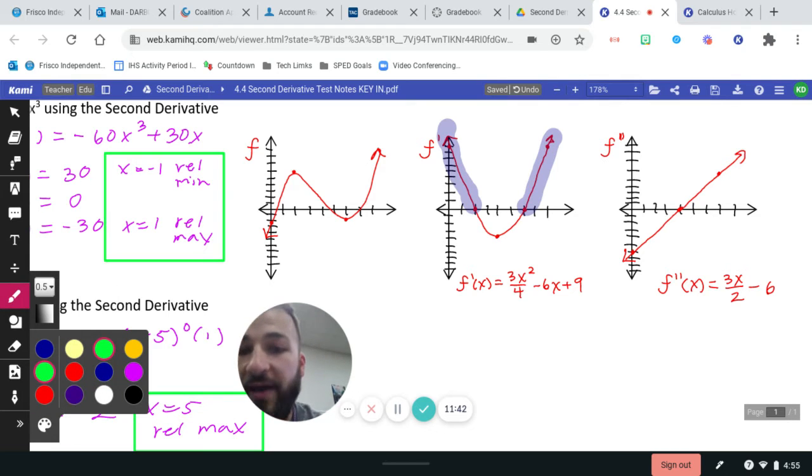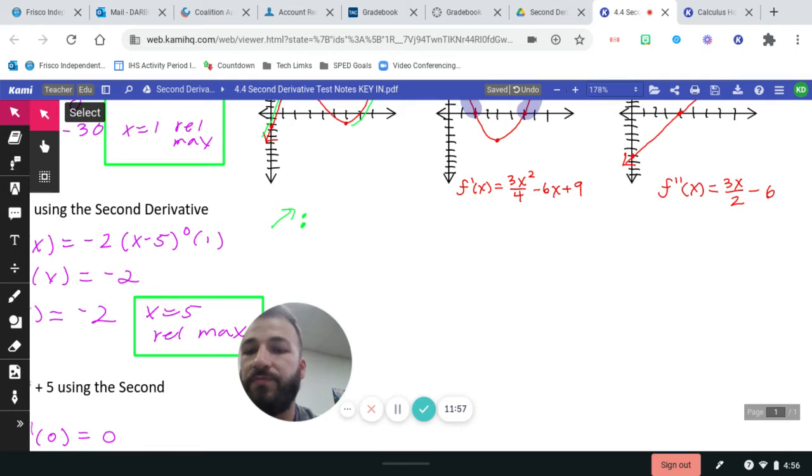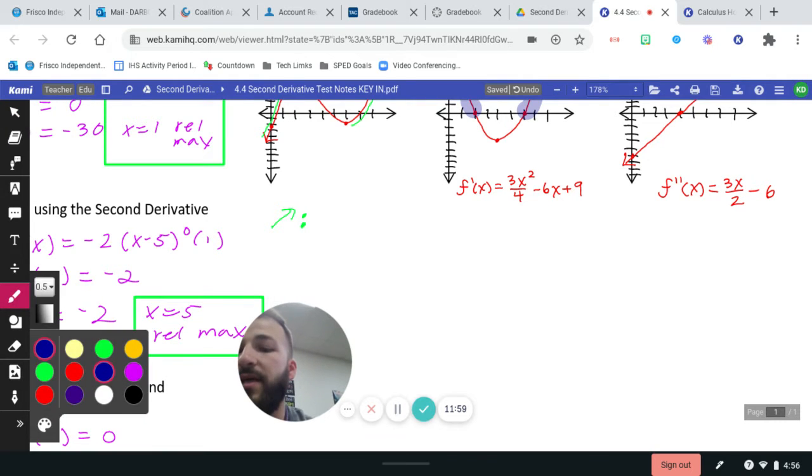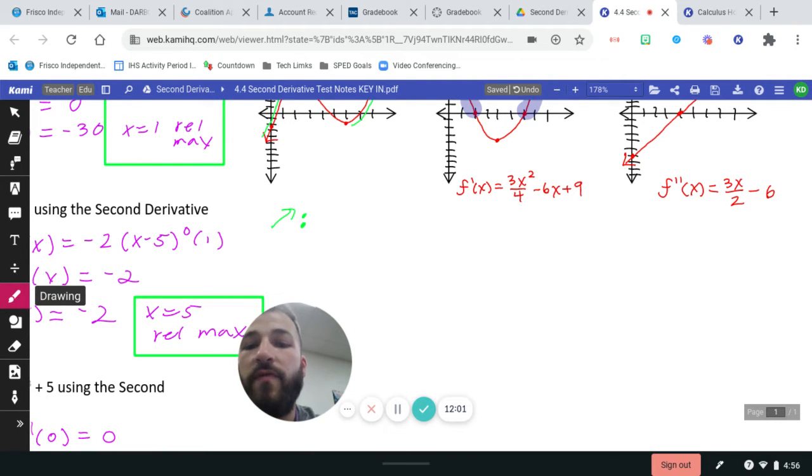So over here on f, we can see from 6 onward, our graph is increasing, and from negative infinity all the way up until 2, our graph is increasing. So down here, we're going to add in the interval. f is increasing from negative infinity to 2 in union with 6 to infinity.